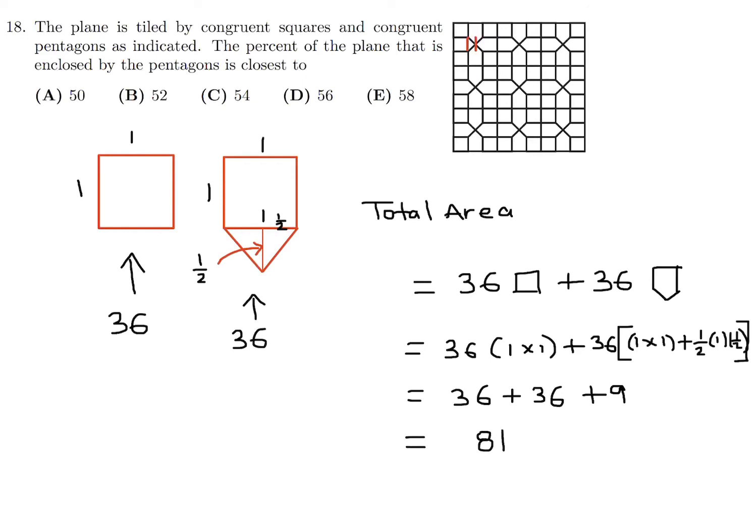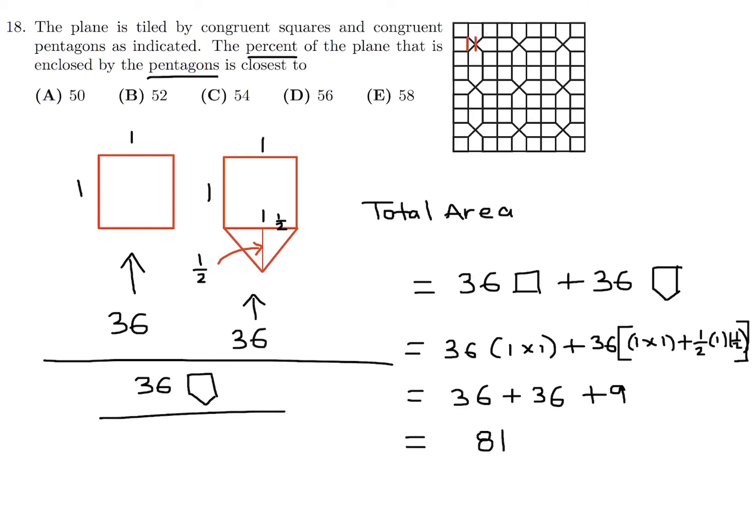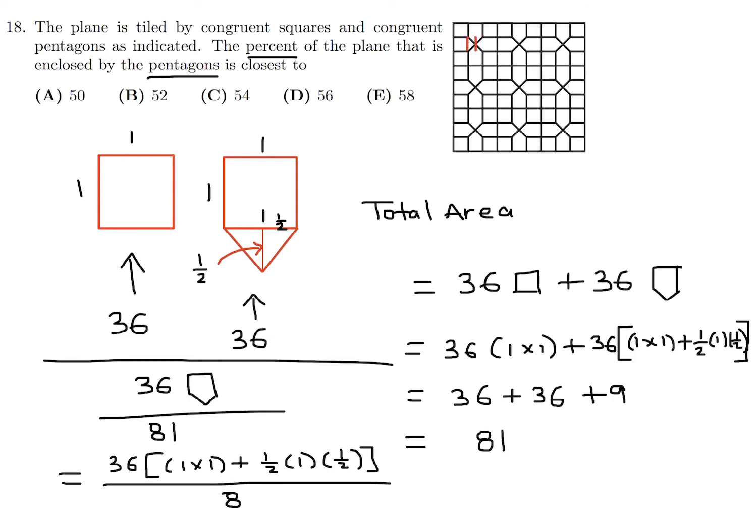What they're asking for is the percent of the plane that is enclosed by the pentagons. All right? So the pentagons, 36 of them, like that, all over the total, which is 81. This will give you what they're asking for in the question. So again, 36 times 1 times 1 plus 1/2 base times height, all over 81.